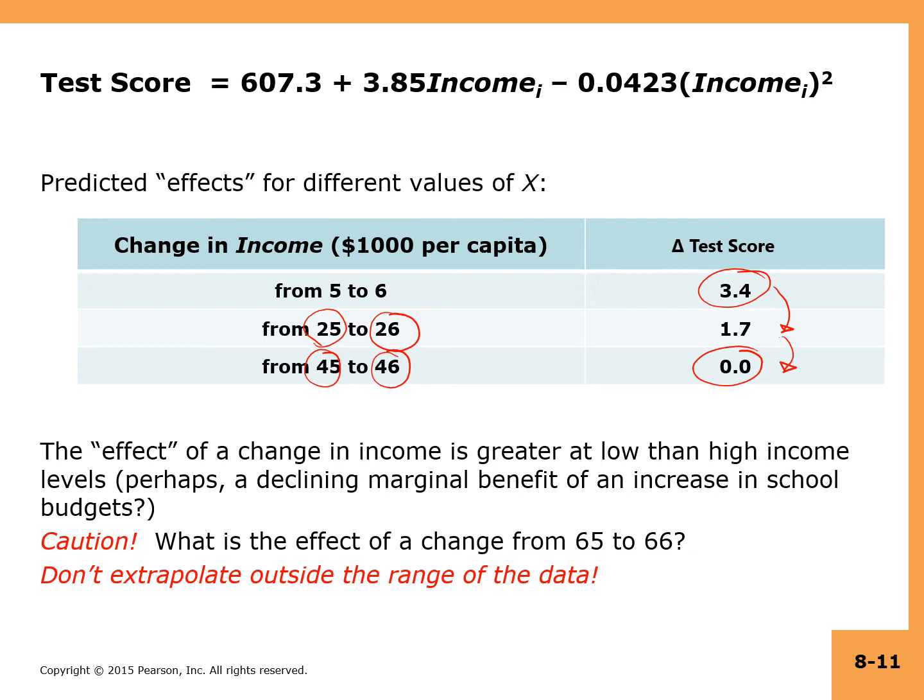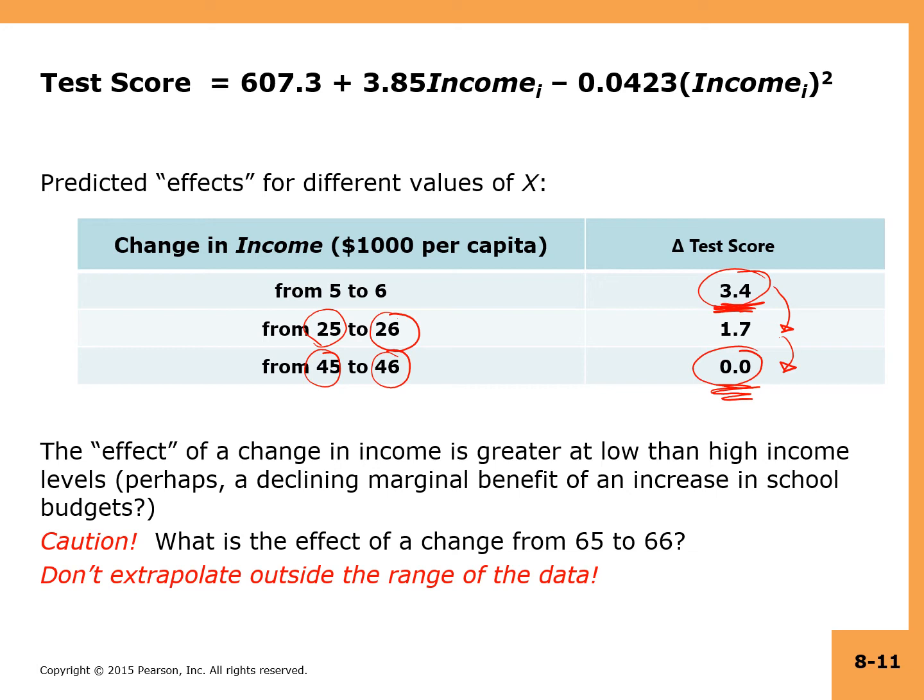So when you're in a high income district, increasing the district income by $1,000 per capita doesn't really change the test score as much as increasing the district income by 1,000 when your district income is very low.